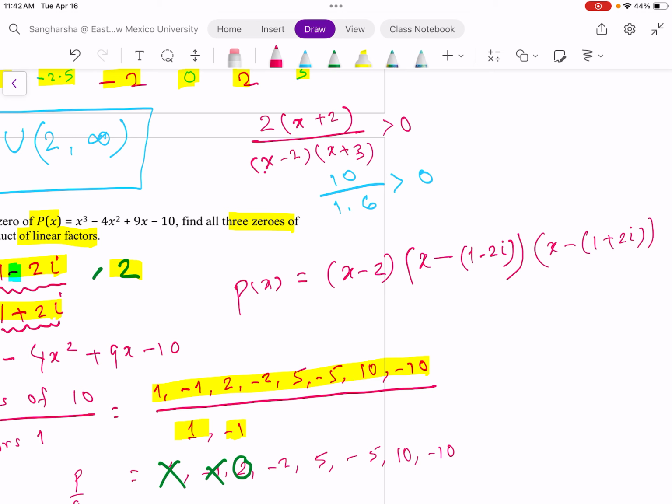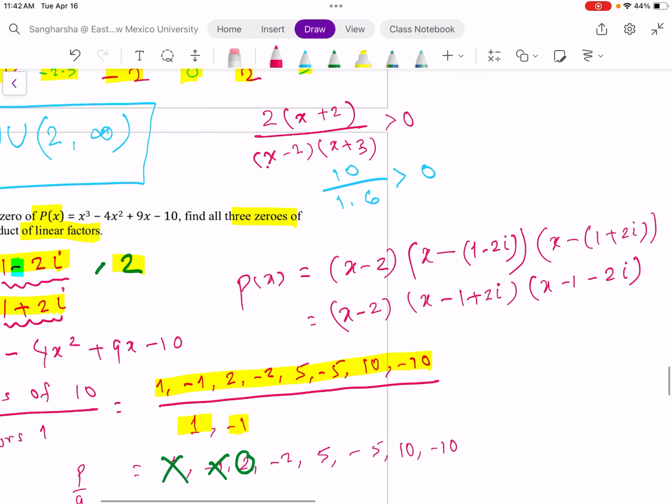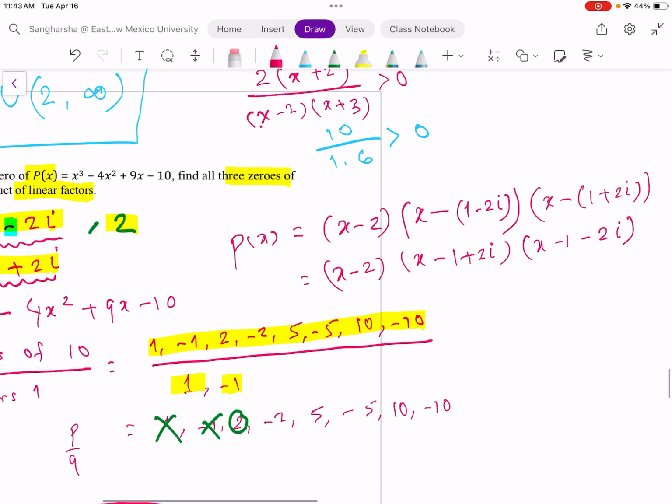You can just leave it here, or if you want, you can simplify and distribute the negative. So we have x minus 1 plus 2i, x minus 1 minus 2i. If you have this much, then you should be good.